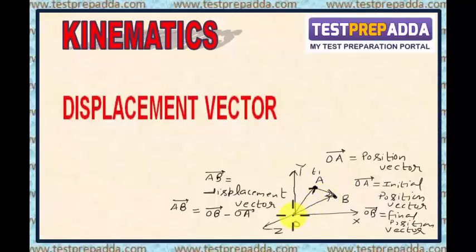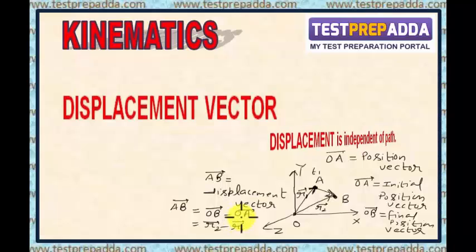Now as I told you many times, the position vector is also known as radius vector. If I write this as R1 and this as R2, then AB vector, that is displacement vector, can also be written as R2 minus R1.